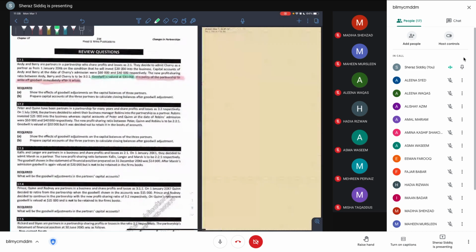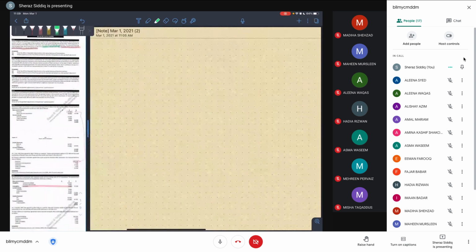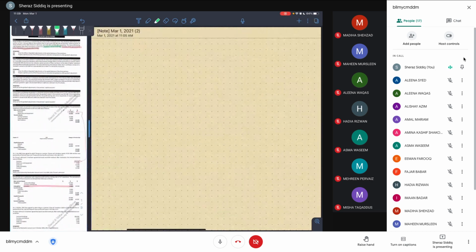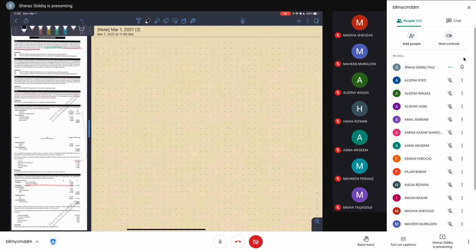So let me just make it smaller, make my working paper bigger. A good idea is to make a goodwill account. There are many different ways of calculating the values of the goodwill, or treatment for goodwill. The best way, or the easiest of all, is making a goodwill account.